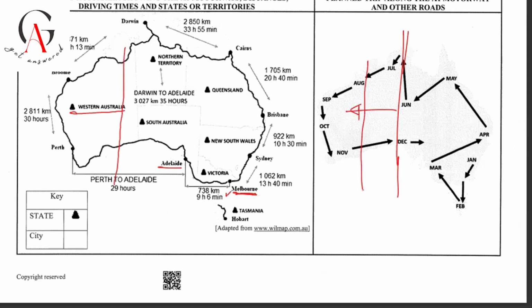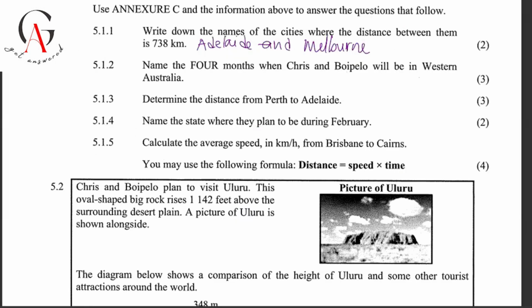So you can say August, September, October, and November. Determine the distance between Perth and Alden.